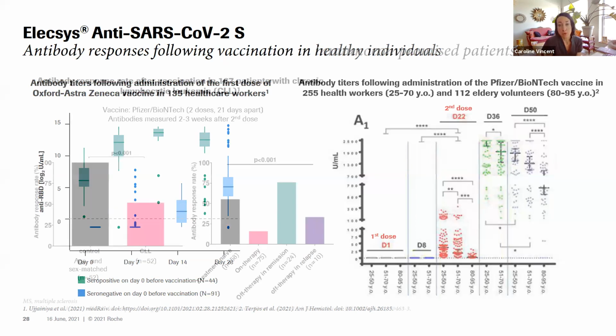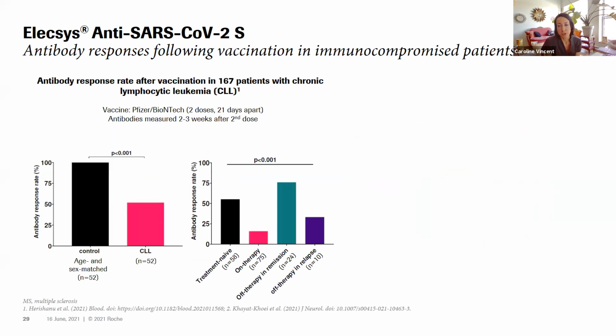There's also emerging data on the production of antibodies following vaccination in immunocompromised patients. So here, antibody titers were measured 2 to 3 weeks after administration of the second dose of the Pfizer vaccine in a group of 167 patients with chronic lymphocytic leukemia.